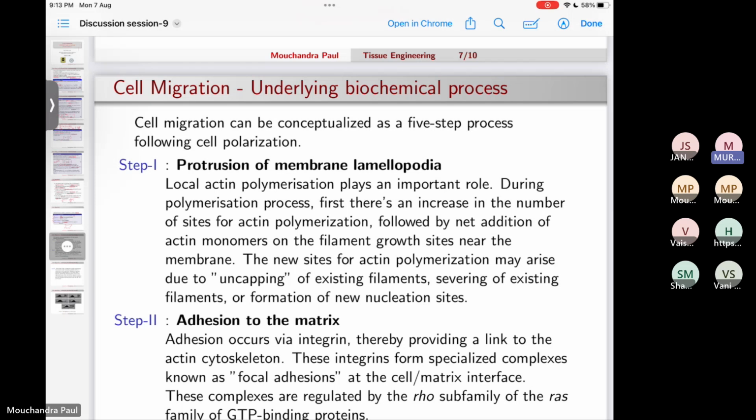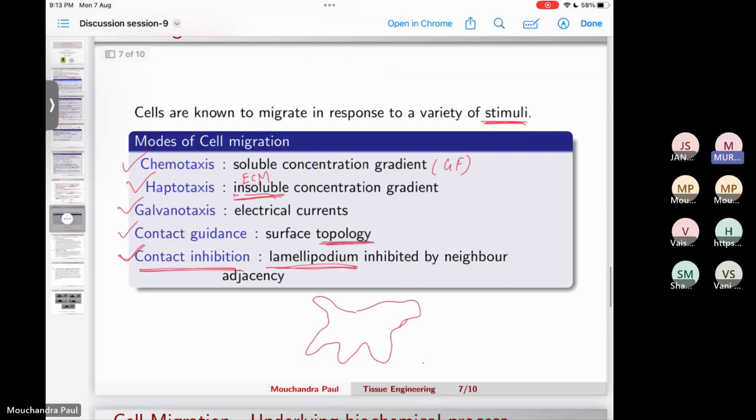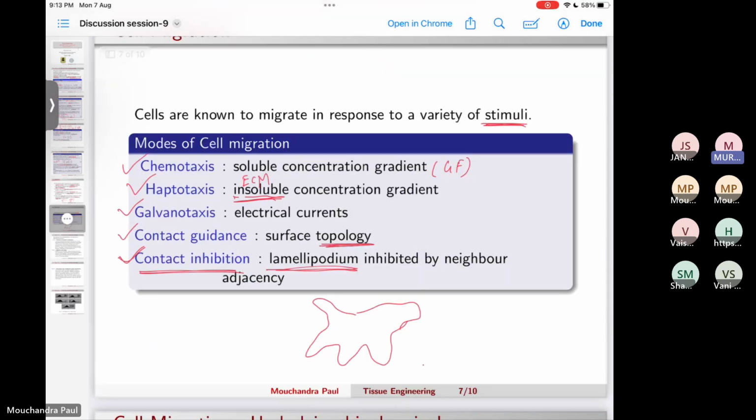Ma'am, how will we study haptotaxis and all? Because it happens at a very micro level, right? What instruments do we use to measure this? I didn't get your question. Can you reframe it?